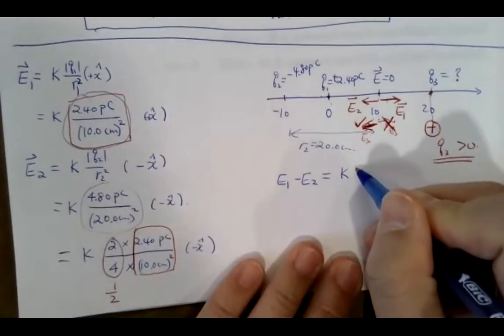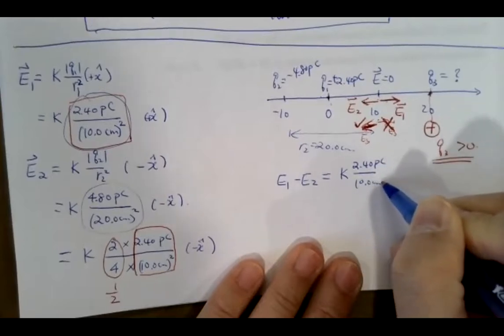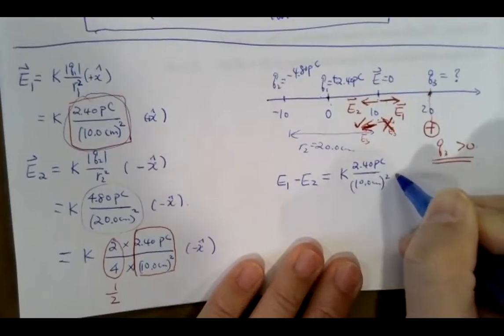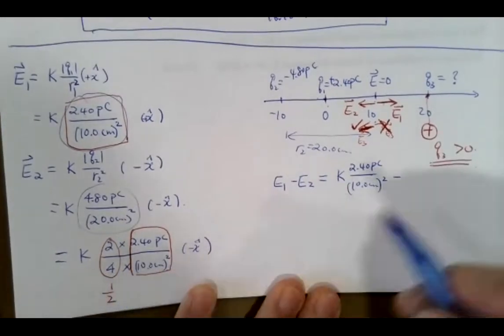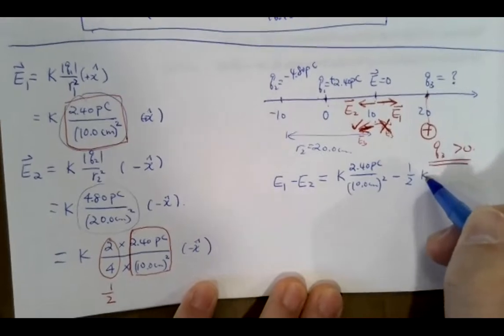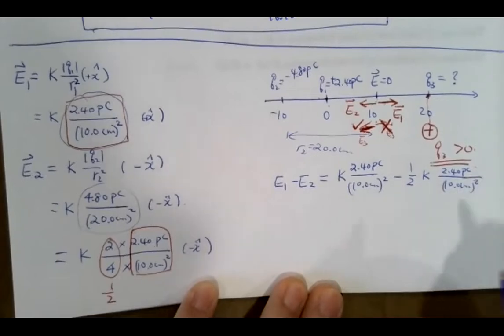So it'll be K 2.40 pC over 10 cm squared minus the other one, E2. The magnitude of E2 will be 1/2 of that. So 1/2 of K 2.40 pC over 10 centimeter squared, right?